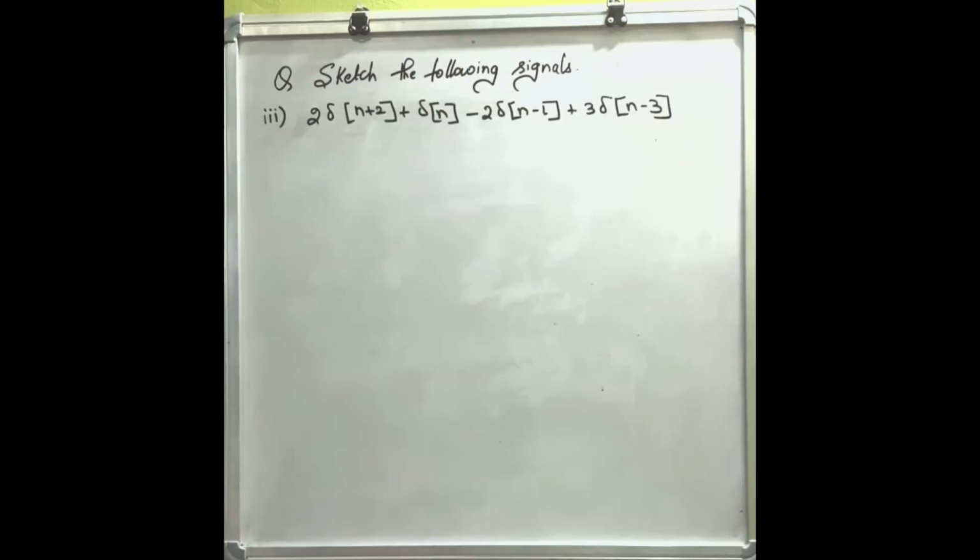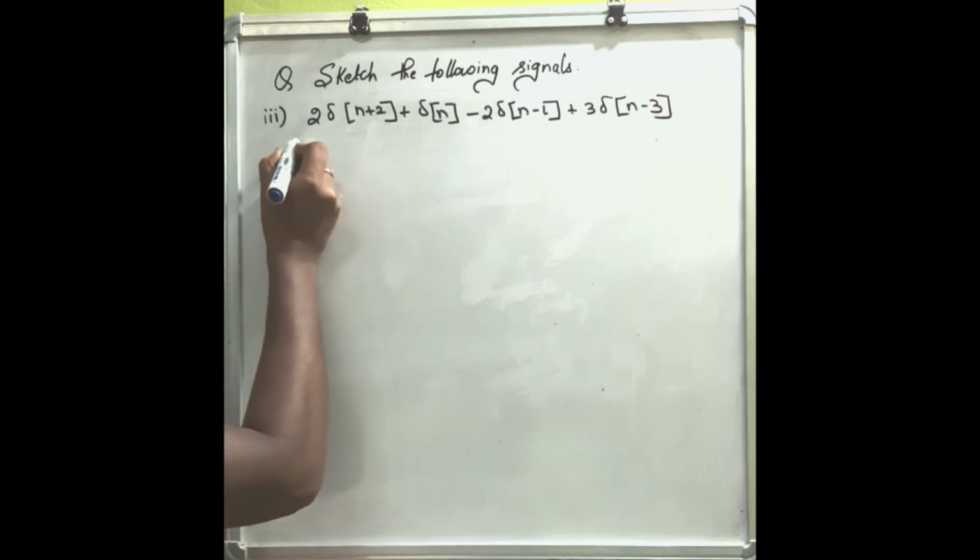The third problem: 2 del n plus 2 plus del of n minus 2 del n minus 1 plus 3 del n minus 3. So you're asked to sketch the following signal. Before we move on to solving the problem, I'll just tell you what exactly is asked here.